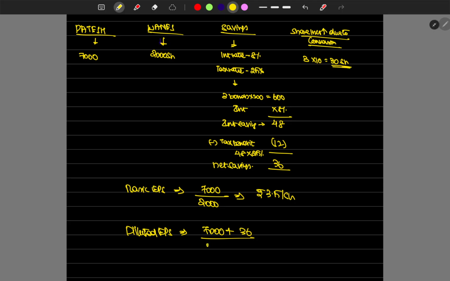And the Vanesh is 2000 plus 30 is the share increase. Okay, 7,036 divided by 2030, which is rupees 3.47 per share. This is the diluted EPS.